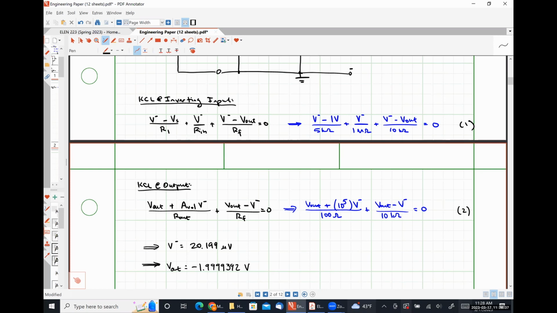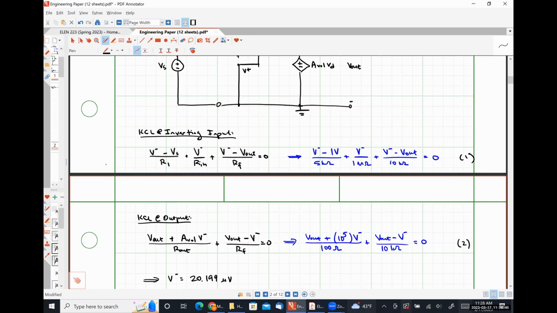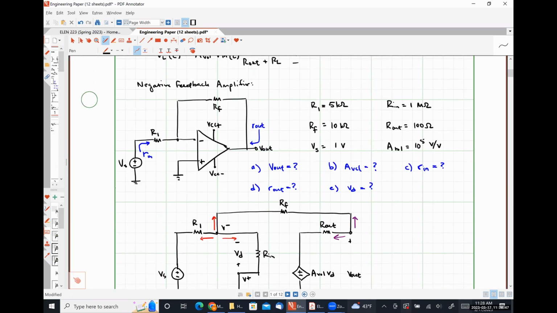Okay, so we're seeing things start to shape up here. What would we expect the voltage gain of this system to be from an ideal op-amp perspective? It's okay if you don't remember it, but for this particular amplifier, this is what's called an inverting amplifier. The voltage gain should be given by negative the feedback resistance divided by the resistor R1, which in this case would be negative 10 over 5, or negative 2.